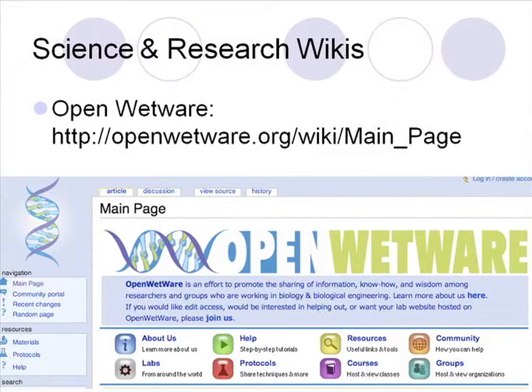Part of the reason I put this up as a screenshot is you see that they have the same standard interface as Wikipedia. So it's very familiar to people. It uses a lot of the same interaction, and I like their navigation and the way they've broken out the resources so clearly and graphically, making it very easy to use.